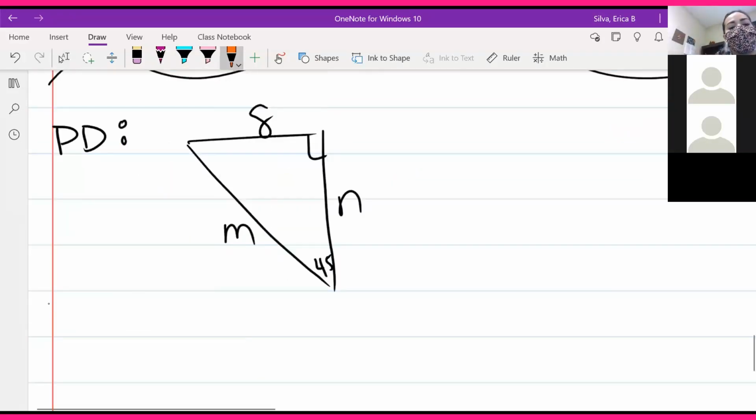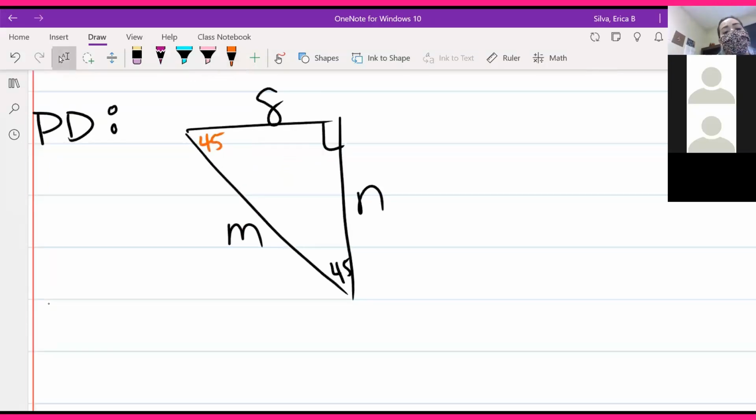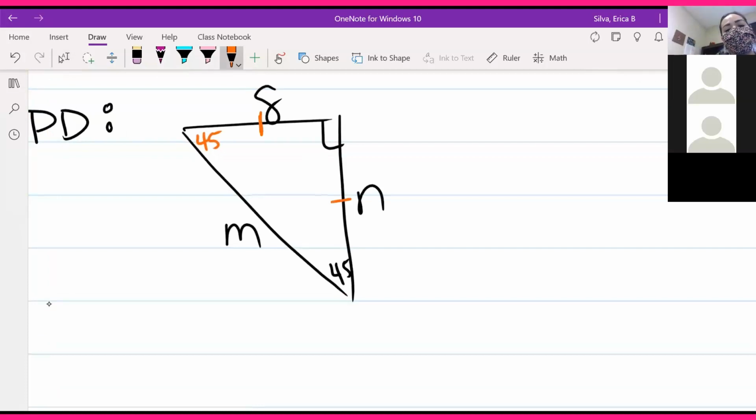Know that this angle over here is 45 degrees. And if they're both 45, that means that these two sides are congruent. So what do we know about n? What is n equal to?